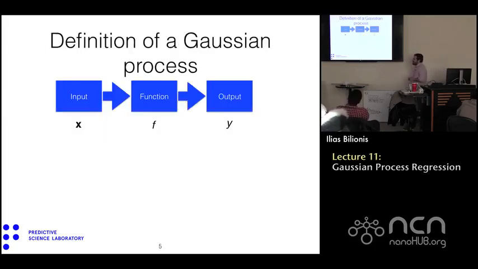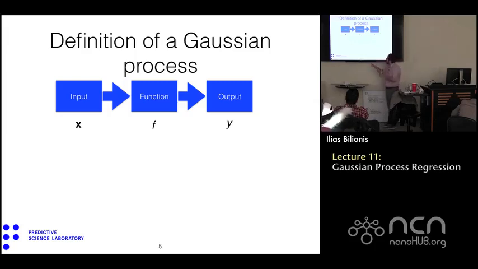And let me give you a reminder of what a Gaussian process was. We talked about this last time. Imagine that you have a function f, which has some inputs x and some outputs y, but you are now uncertain about that function f. You don't know what it is. That function f could be a function on which your model depends, or it could be the model itself.